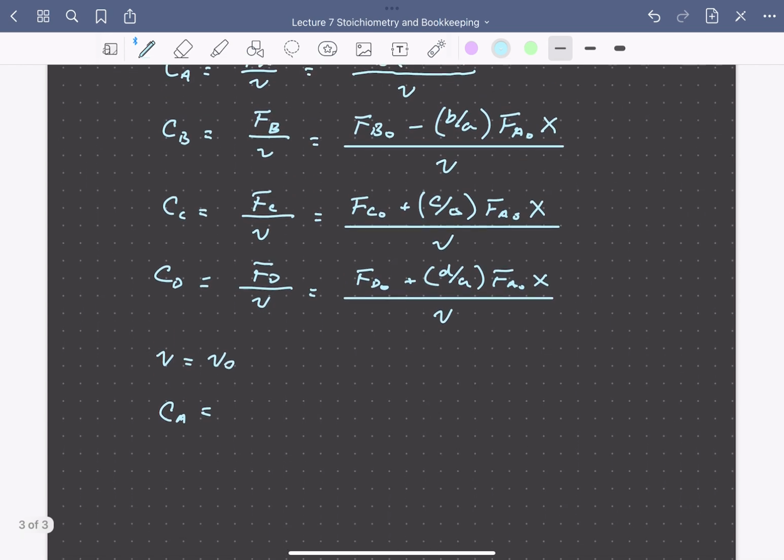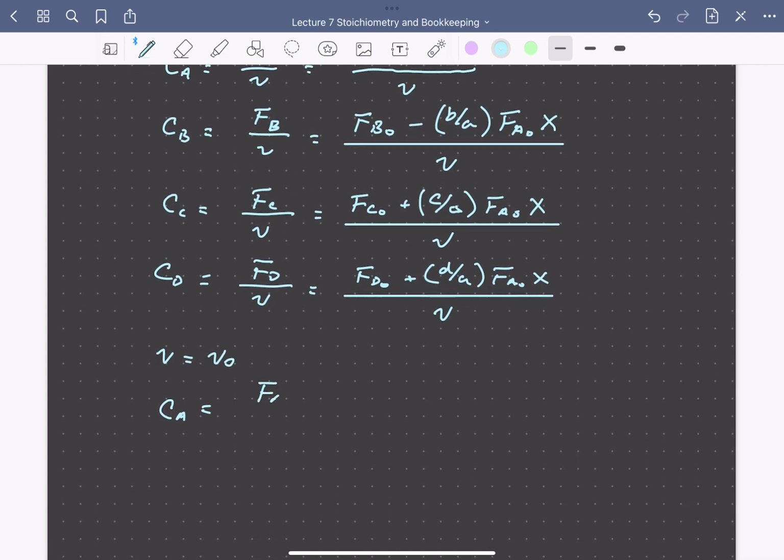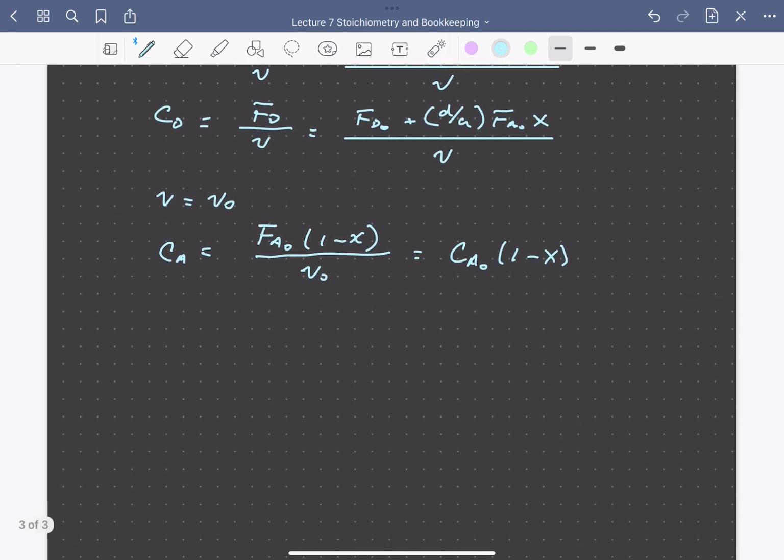So for that situation, if we wanted to write this for A, for example, this would again be just FA0 times 1 minus X divided by now the constant volumetric flow rate through the reactor. And so this is just going to be the initial concentration times 1 minus X. I'll just show this for one more species, for CB.